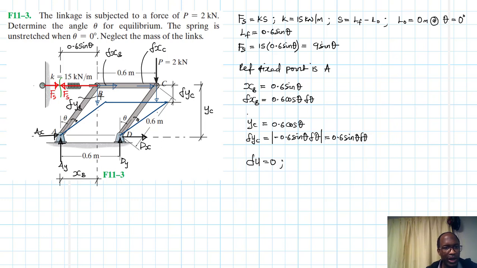So the work here is going to be negative because the spring direction is in the opposite direction with our virtual displacement. So we'll have a negative Fs del xb.